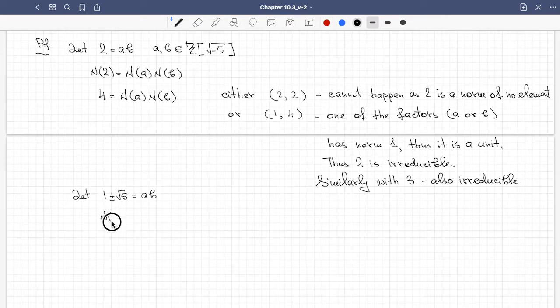Norm of 1 plus or minus root of 5 is norm of a times norm of b. S squared plus 5t squared. S and t are 1, or 1 and negative 1. Anyway, squared, they do not matter. 1 plus 5 times 1 is 6.